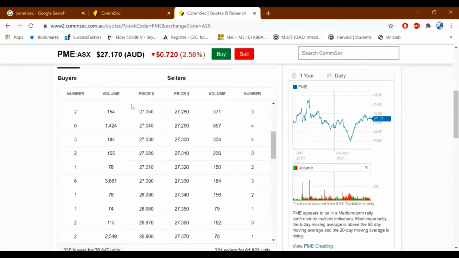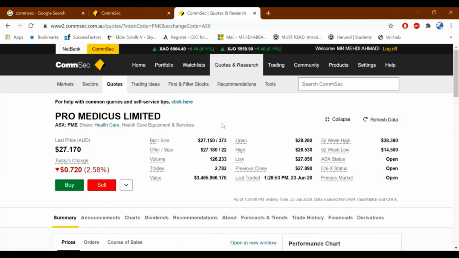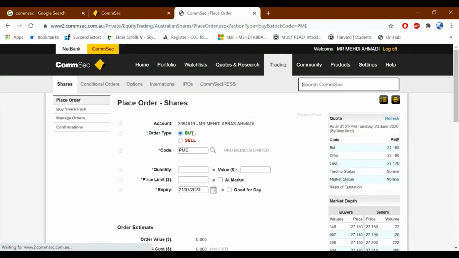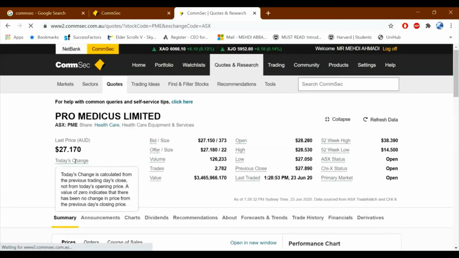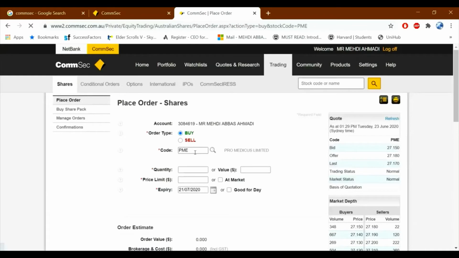You can see the chart and everything. You can buy or sell. You can see how much it would cost you if you buy $1,000 worth. You can do that in quotes.